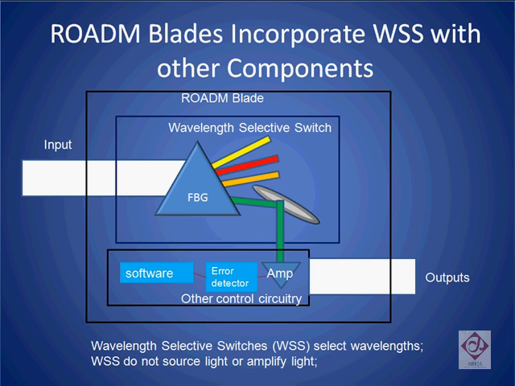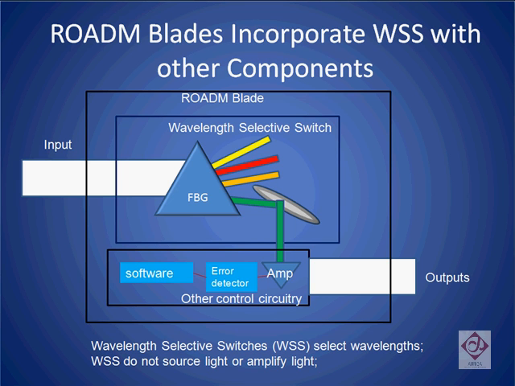Lastly, today's ROADMs cannot easily deal with the situation when two identical frequencies need to reside on the same fiber. In the time domain, this is easily solved by moving the traffic to a different time slot. But the physics does not exist today to take one wavelength of light and easily shift it to a different wavelength.